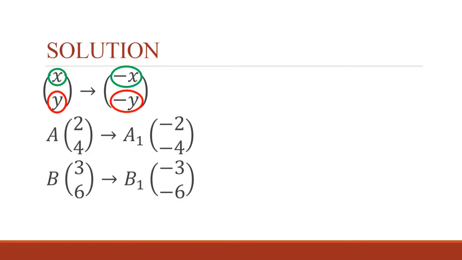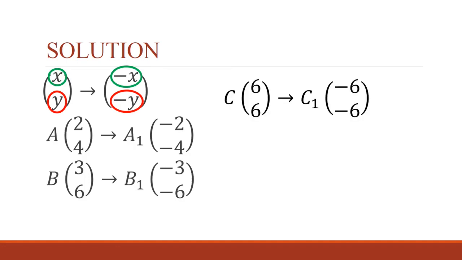The second point, B, is (3, 6), and 180 degrees anticlockwise rotation means we negate both the x and the y coordinate. Produce the image point B1, (-3, -6). The last point, C, which is (6, 6), will also produce the image point C1, (-6, -6).